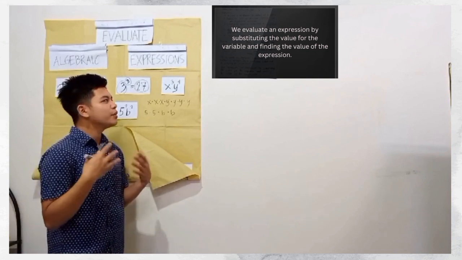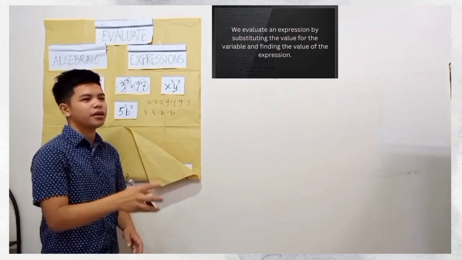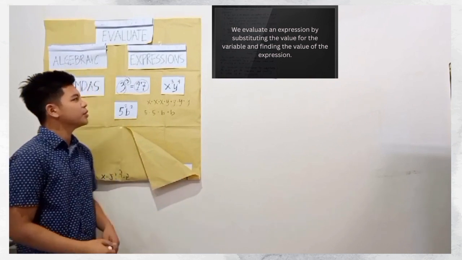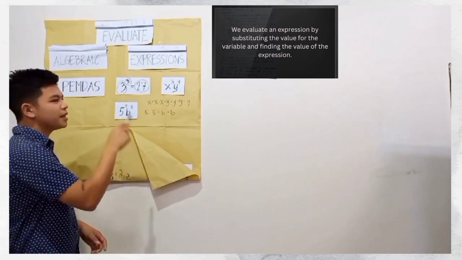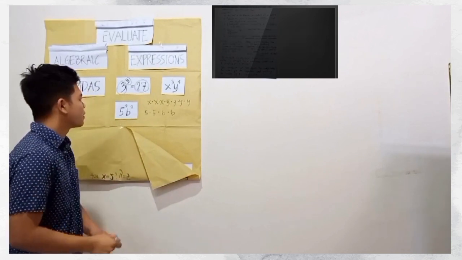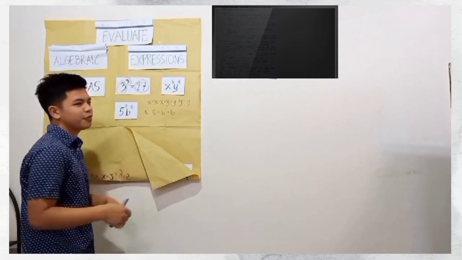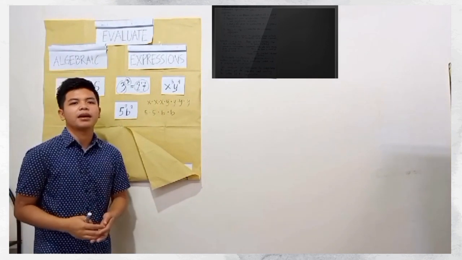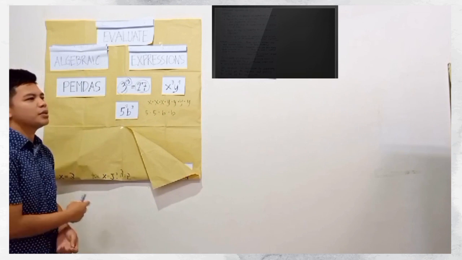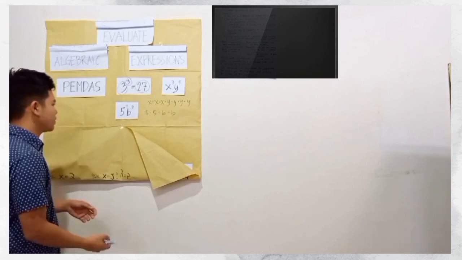So when we evaluate an expression, we are just substituting the value of the variable. Replacing a variable is also called a substitution. Okay, did you get it? Okay, that's nice. So to further understand, we'll have examples on how to evaluate an algebraic expression.